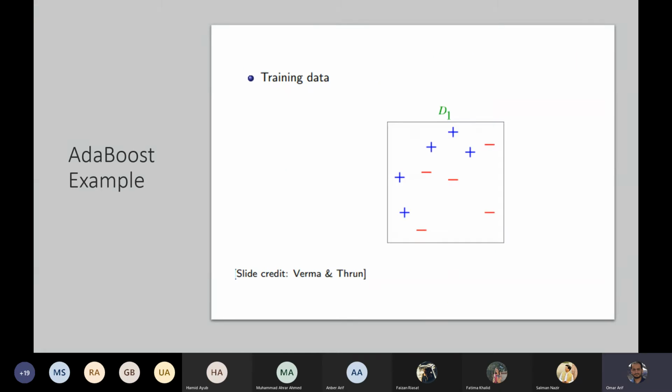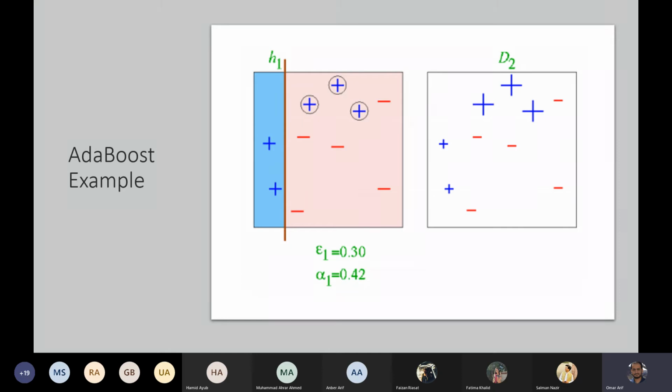Okay, let's look at this example. So for example, this is your training data, and you have a very weak learner that gives you slightly better than a random guess. So you apply it initially, and let's say this is the boundary you get. On one side you have positive, on the other side you have negative.